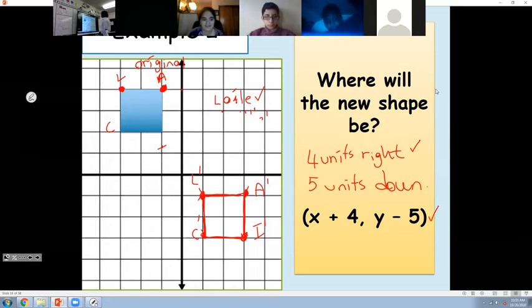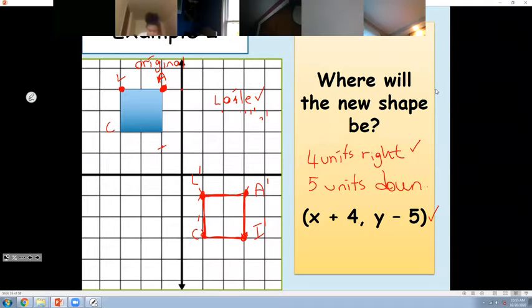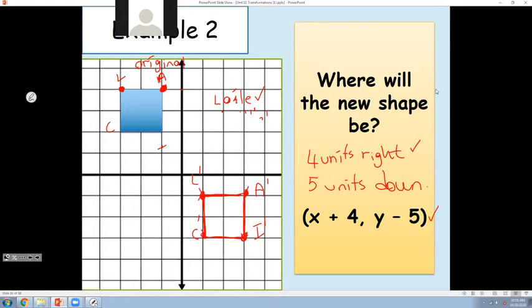Guys, do you understand how I move this square? Any question? Caleb, any question? All right, Anil said no. Nakaya, any question? Nikoba, any question?